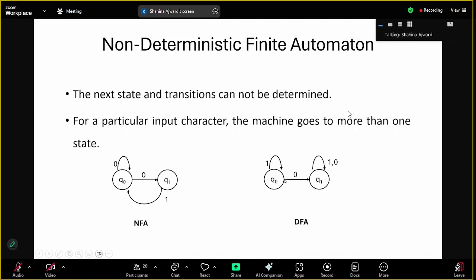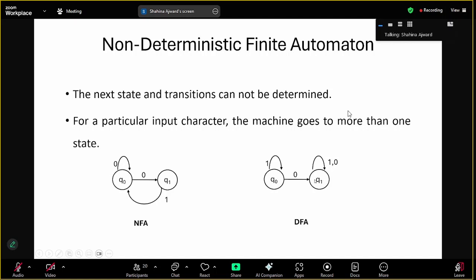Assume this state machine is for an alphabet which has the characters 1 and 0. For Q0, it is defined what happens when the input symbol is 0: it will go to Q1. And if the current state is Q1 and it receives an input symbol 1, it will stay in the same state. So it's defined.